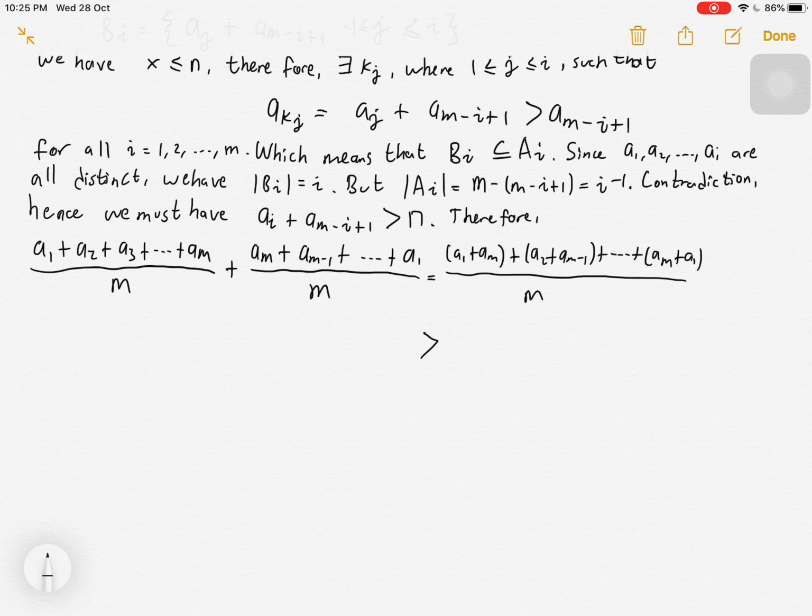This is greater than n times m over m. The left hand side here should be 2 times the sum.